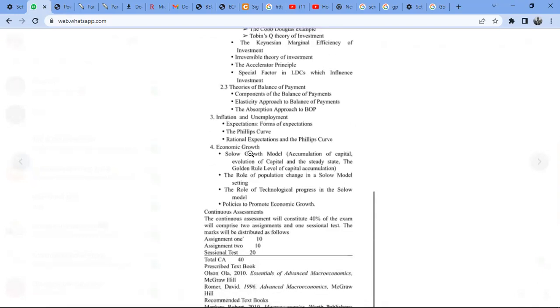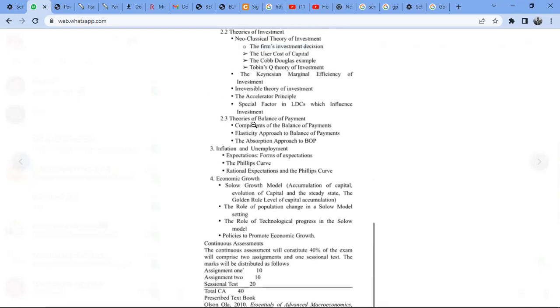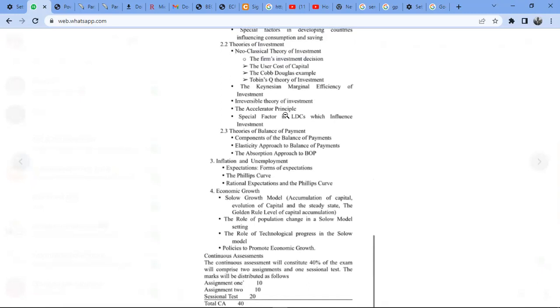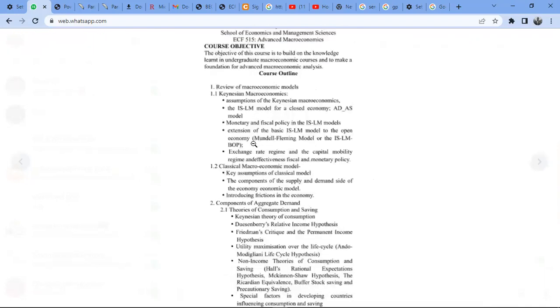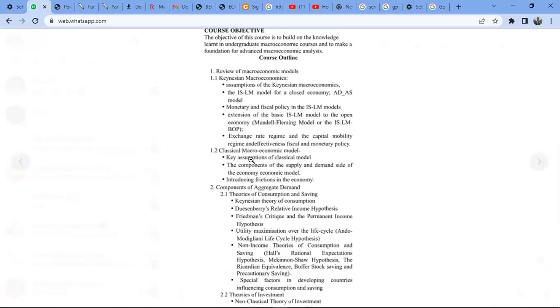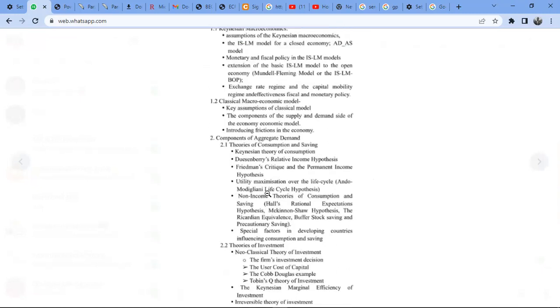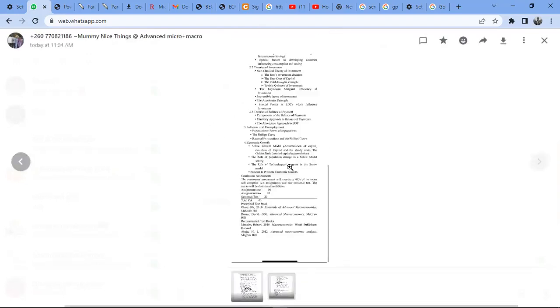But the biggest chunk of it is these below. The balance of payments. This is, however, in international trade or finance, but we also look at it here because our consultant does also. So in the next lecture we'll finish up on the growth model. Then we'll look at this.